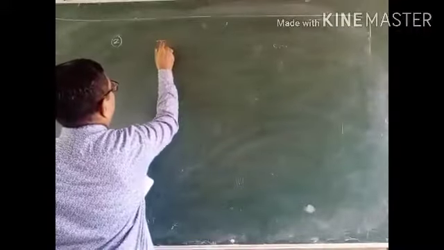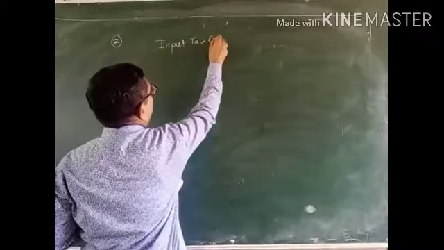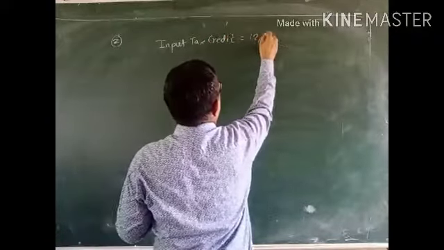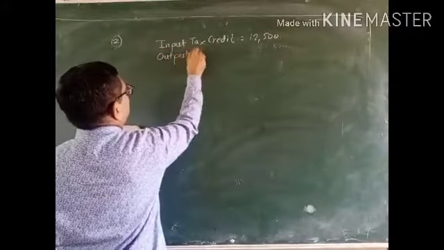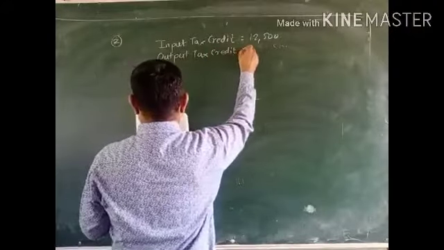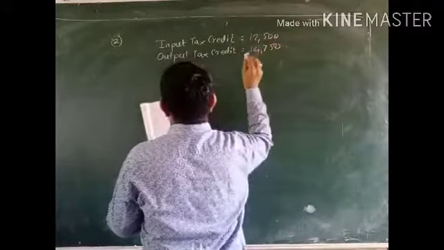Here input tax credit is equal to 12,500 rupees. Output tax credit is equal to 14,750 rupees.